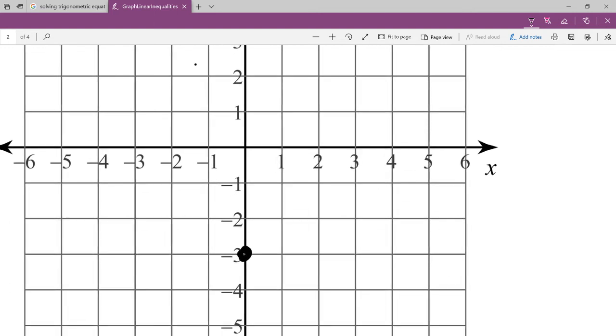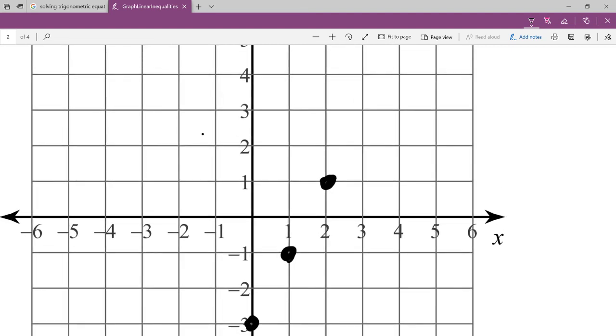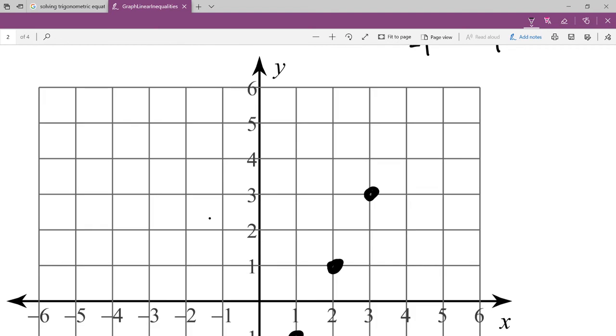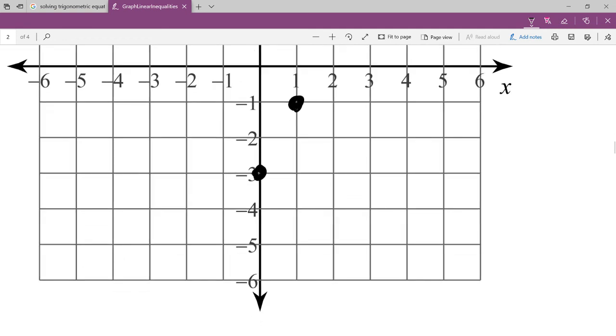So you go up to the right 1, up to the right 1, up to the right 1, up to the right 1, and then for this one, down 2 and left 1, and then apparently that's it.